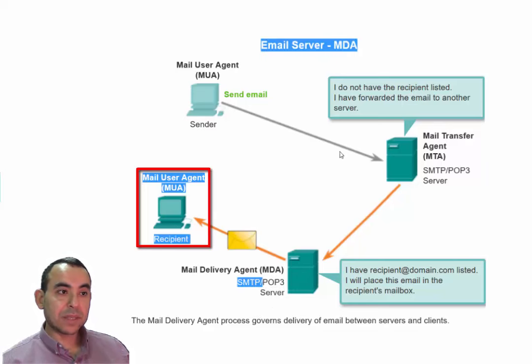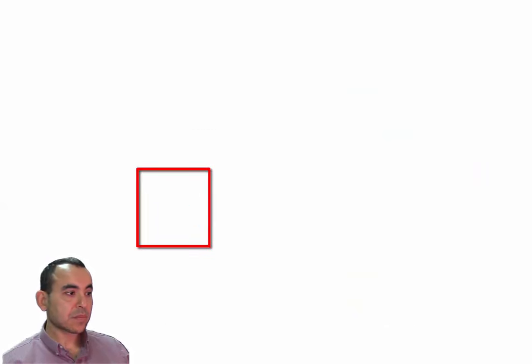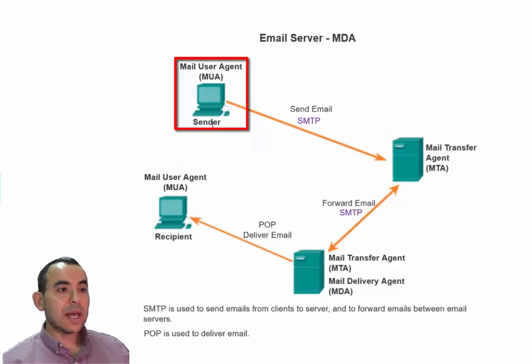So SMTP uses the message user agent and message transfer agent. POP3 works between a message delivery agent and a message user agent. So we pay attention to the terminology which we use for SMTP and POP3. This is how the protocol looks end to end.